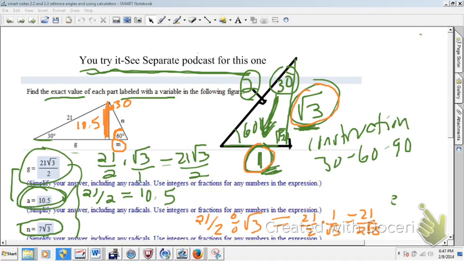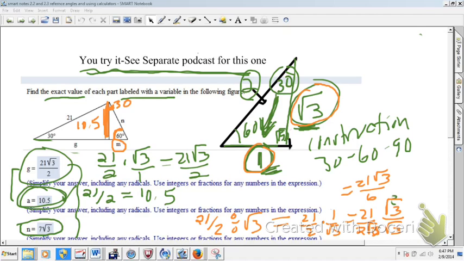Then you have to rationalize it, so multiply by root 3 over root 3, and eventually you will arrive at 21 root 3 over 6.